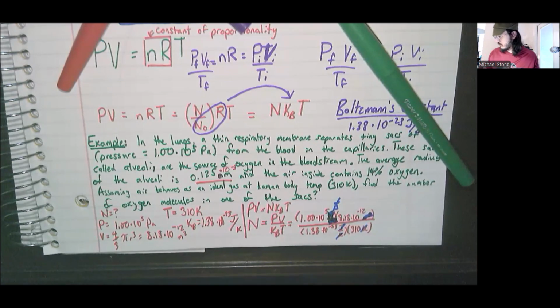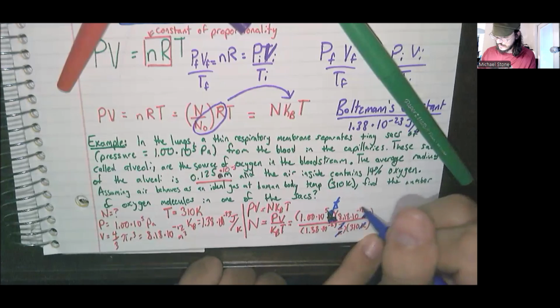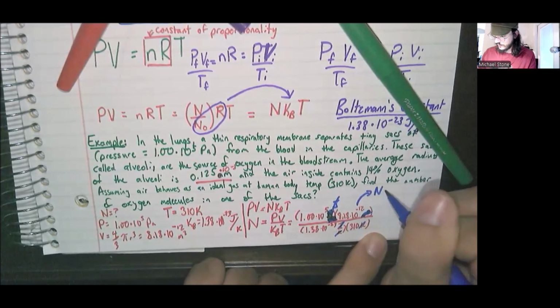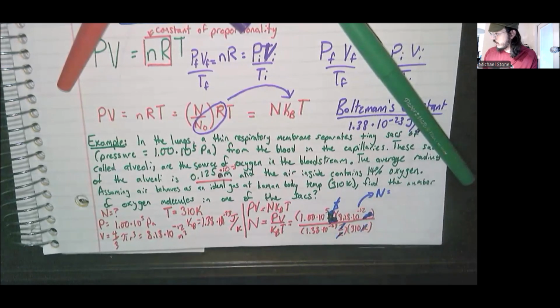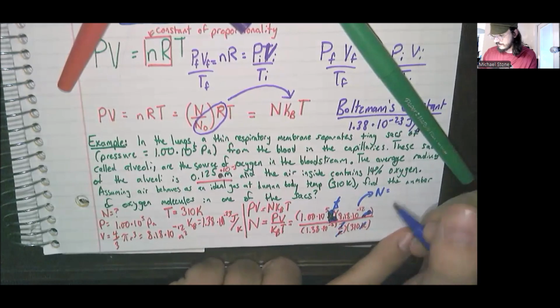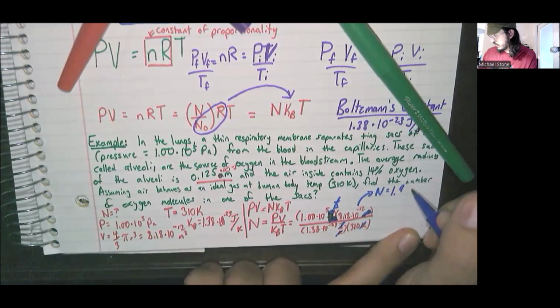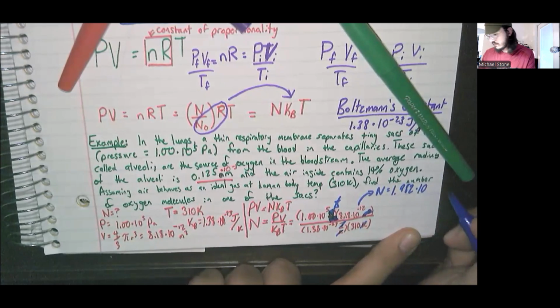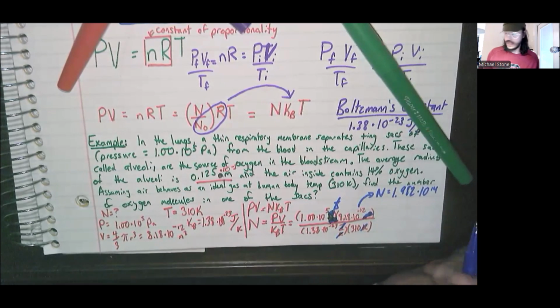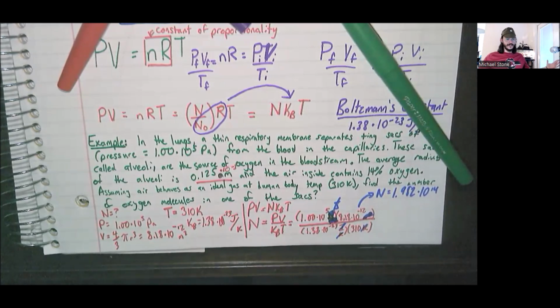And what counting number do we get plugging all of this in? You will find that the number of particles in the alveoli are 1.982 times 10 to the 14. That is a lot of particles, but is that the amount of oxygen molecules in one of these sacs? No, it is not.